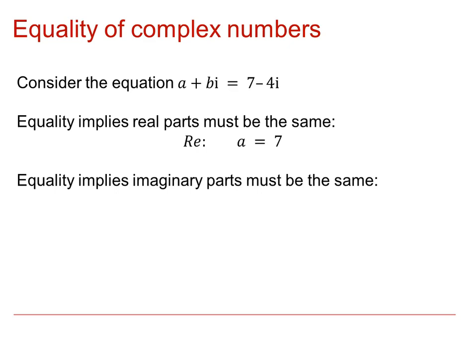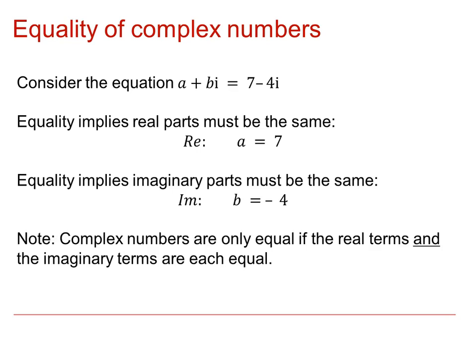Likewise, the imaginary parts must be equal to each other on both sides of the equation, and therefore b must be negative 4. So for numbers to be equal to each other, both their real part and the imaginary part of the numbers must be the same.